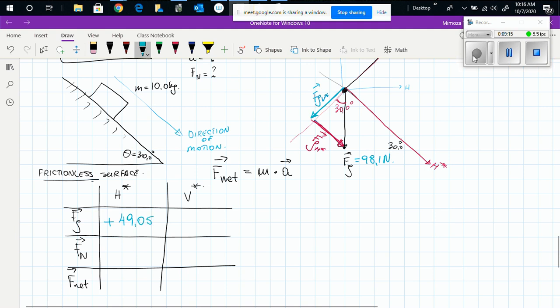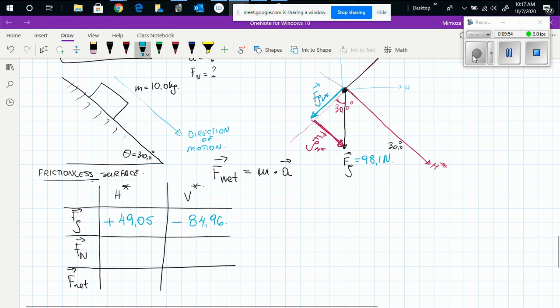You can say 49.1, even 49, it's fine for the purposes of this. And now the vertical component of force of gravity is going in the opposite direction of the vertical axis that we assigned, so it is negative. Since it is the adjacent, it will be 98.1 times cosine 30, and it is negative 84.96.